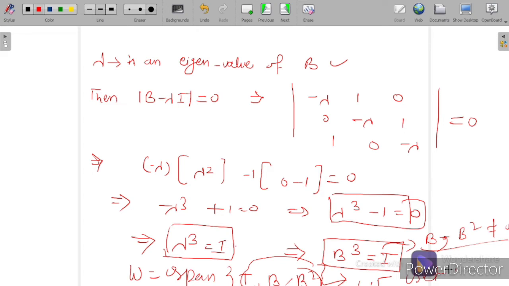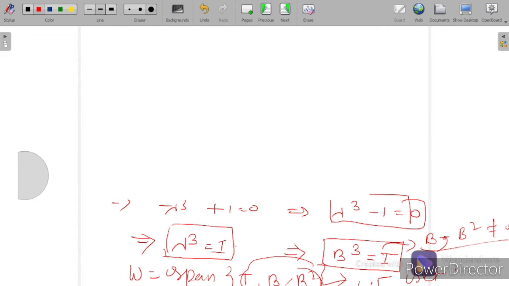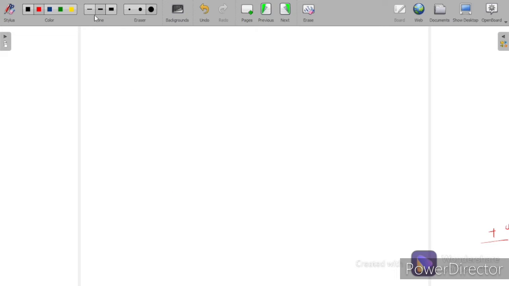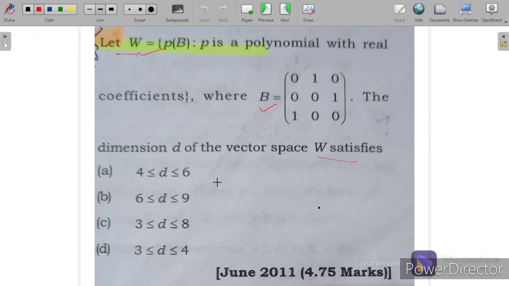So the dimension of vector space W is equal to 3. This implies the first option is wrong, the second option is also wrong, the third option is right because D is greater than equal to 3, less than equal to 8, and the D option is also right. So C and D are the correct options.